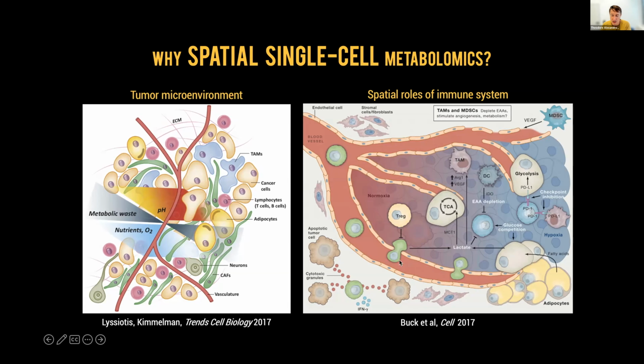From really nutrient-rich blood, they get into this hypoxic, acidic, and very competitive environment, and they need to reprogram their metabolism to proliferate, expand, and also start killing cells. So how does this happen? This is absolutely paramount for understanding physiology, but also for us to develop therapies, in particular immunotherapies. Okay, these are two applications that we're interested in.